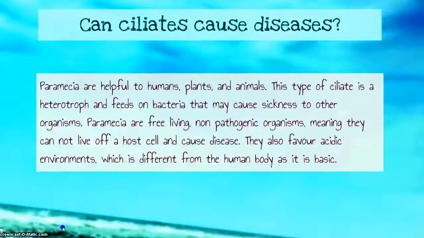And lastly, they favor acidic environments, which is the opposite of the human body, because the human body is basic. If you refer back to Science 10, acidic solutions are sour and basic solutions are slippery. For example, soap would be a basic solution. It proves that ciliates won't be able to survive in a human body.